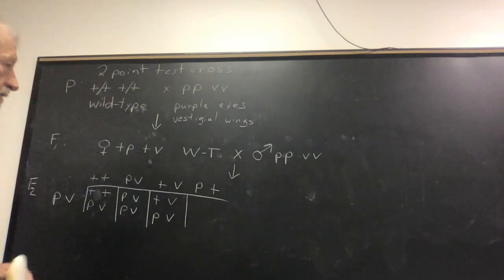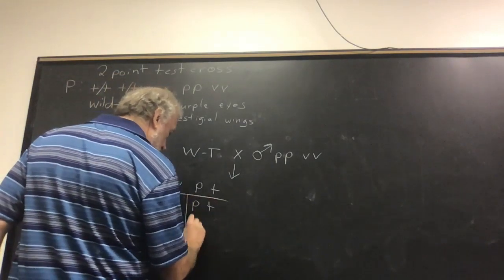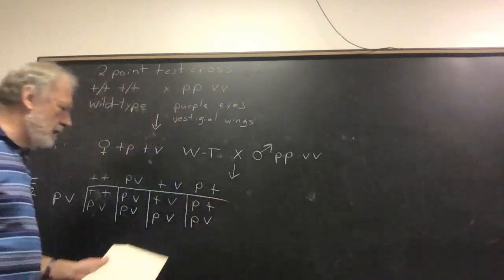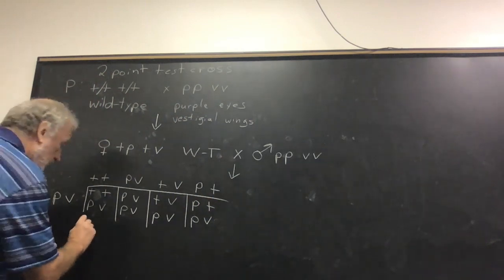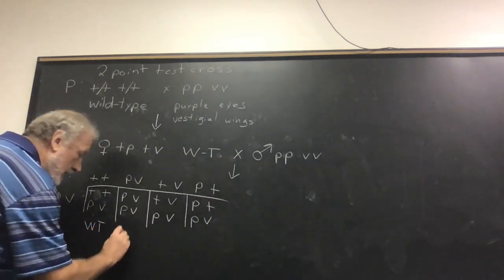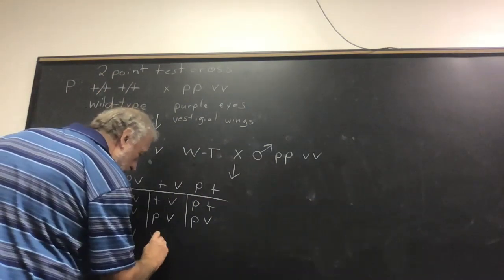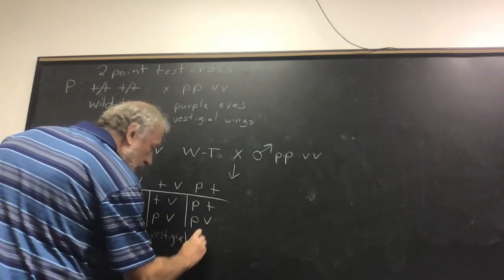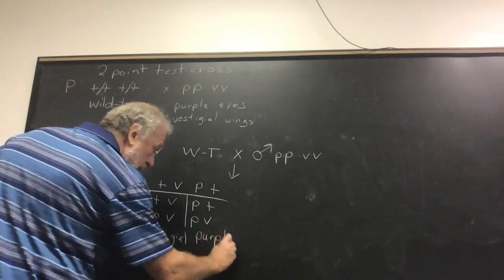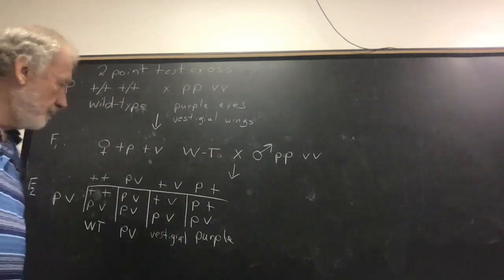This box, vestigial offspring. And the last box, purple offspring. Let's add some phenotypes. PV just means purple vestigial. Remember, we don't mention wild type, it's just understood. We identify them by what recessive trait they show.